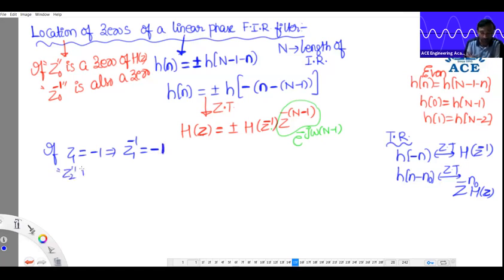If Z2 is a real zero, what is Z2 inverse? Suppose I have taken a zero at 3. If I have taken a zero at 3, what is the inverse zero? 1 by 3 is the answer. How does it become the Z power plus form, n minus n naught form?